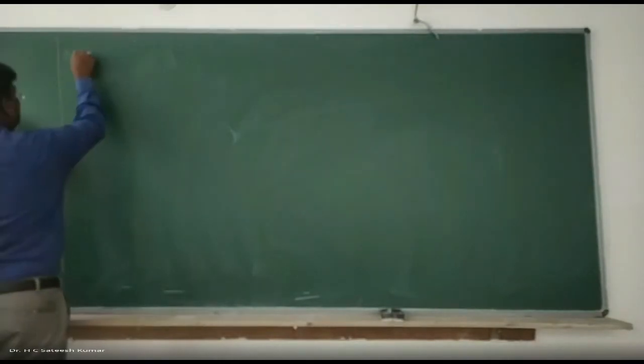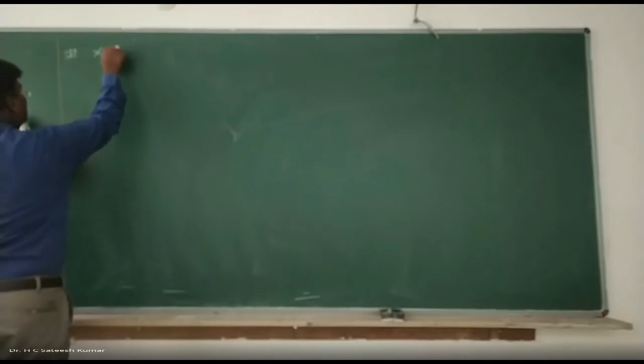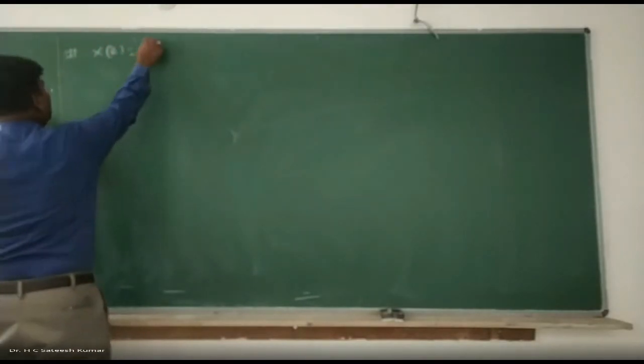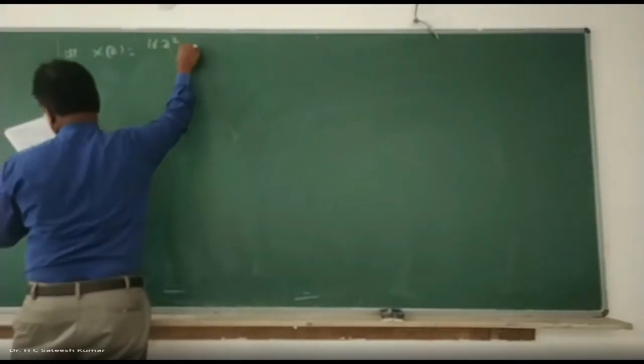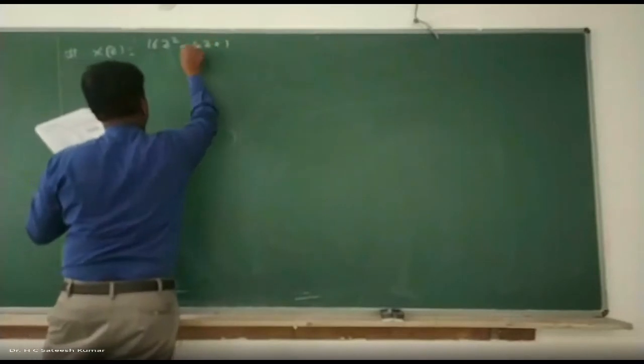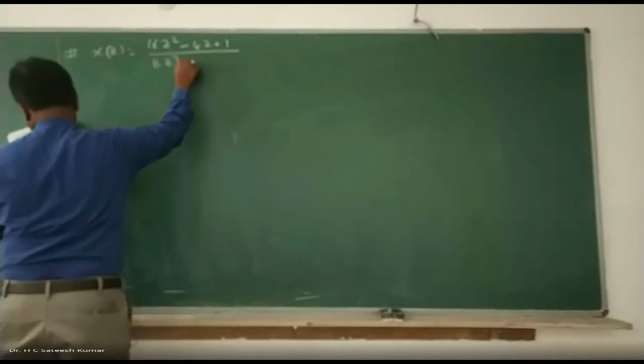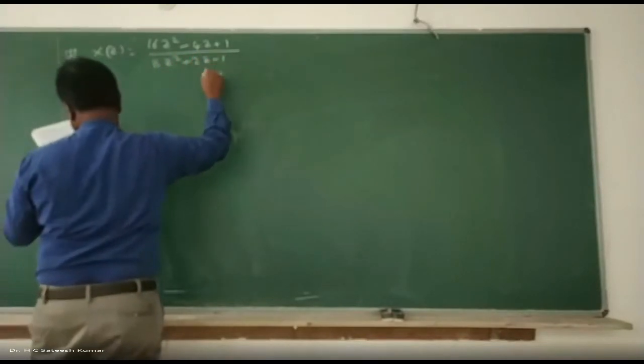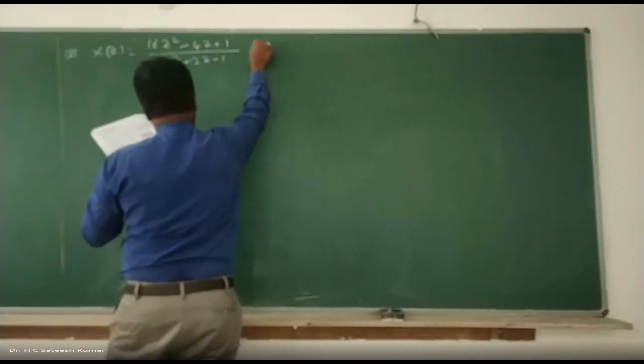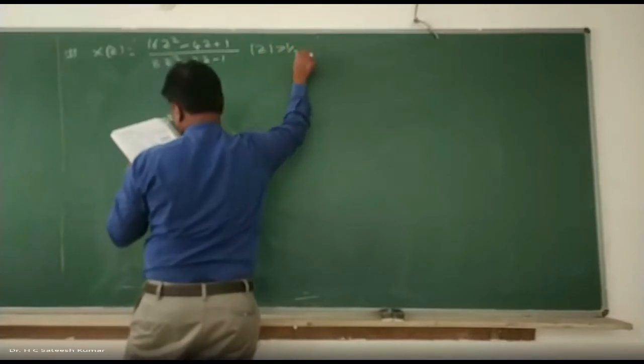It is a 6 marks question in the examination. X of z is equal to 16z square minus 4z plus 1 divided by 8z square plus 2z minus 1 with ROC mod z greater than half.